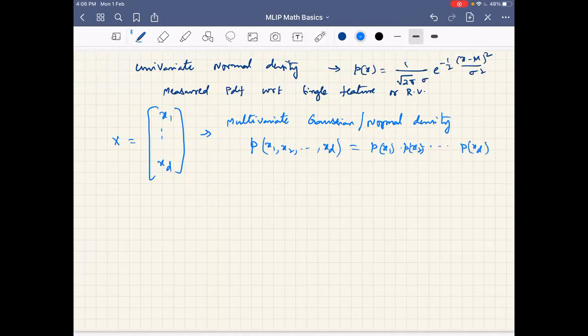This simplifies our computations. Let us first write the multivariate Gaussian density in the case where the features, or the random variables modeled by the features, are independent.